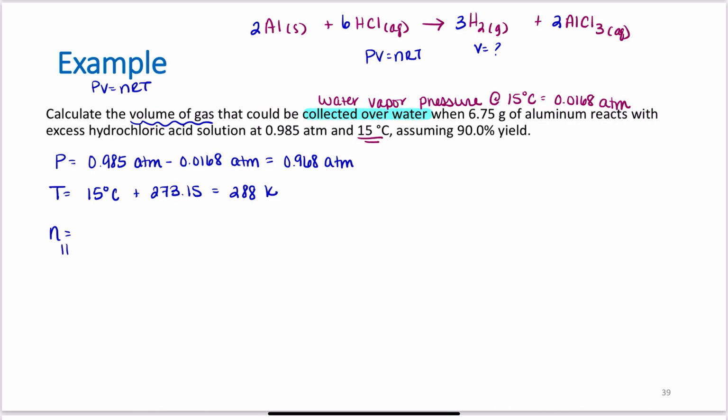So my number of moles of H2, well, I know that I am reacting, let's see, where is it? 6.75 grams of aluminum with excess HCl, which means that this is my limiting reactant. So 6.75 grams of aluminum, convert that to moles of aluminum.